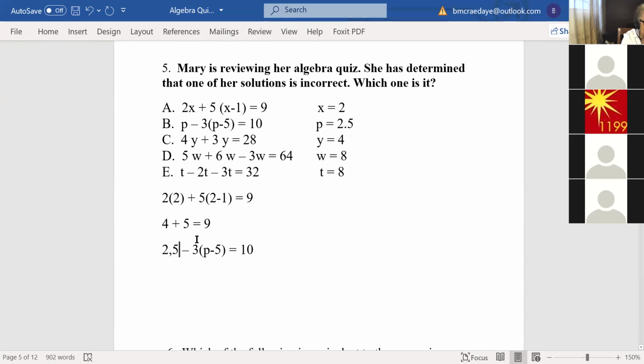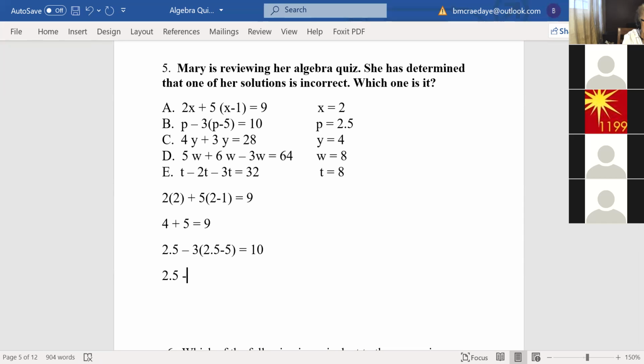All right. Now we put 2.5 here. All right. Now let's multiply. So we have 2.5. Let's just put here 2.5, 2.5 minus.